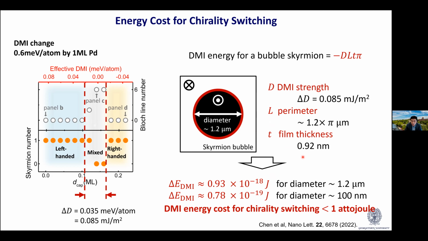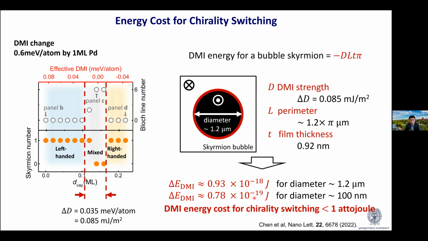And this will be even smaller if the skyrmion size itself is smaller. So basically, we're looking at the extreme when the topological protection is least stable, how much energy we need to spend to switch the chirality. And this can be decoupled from thermal stability.